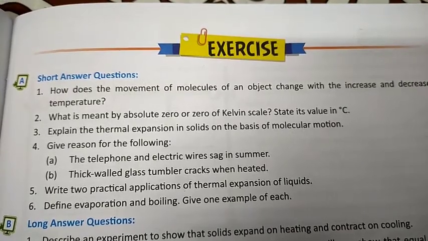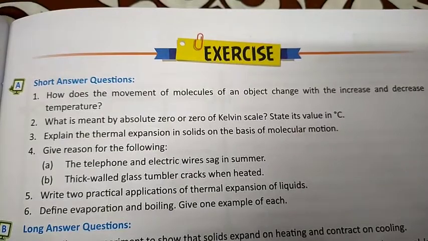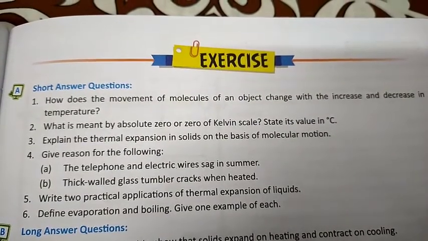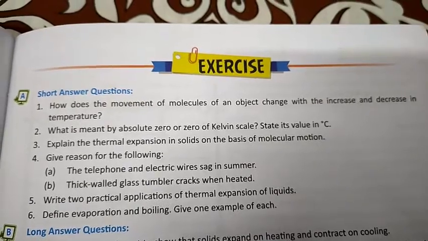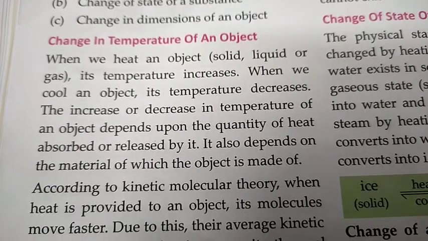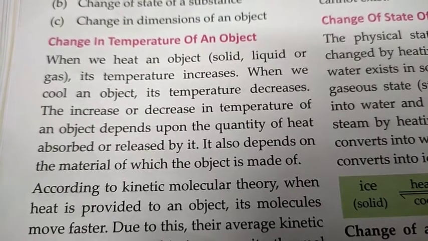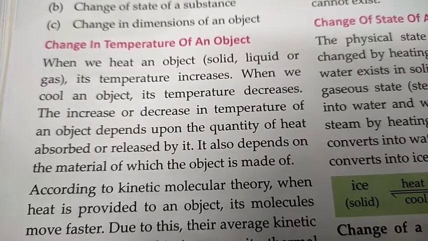Chapter 6, heat transfer, is completed, and today we are going to discuss short question answers. Question number 1 is, how does the movement of molecules of an object change with the increase and decrease in temperature? The answer is, when an object is heated, its temperature increases, and when an object is cooled, its temperature decreases.